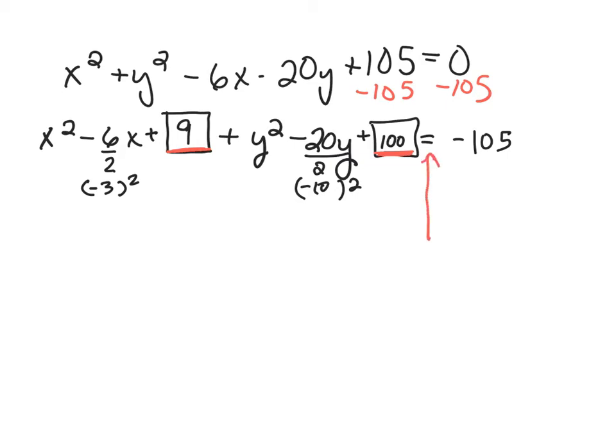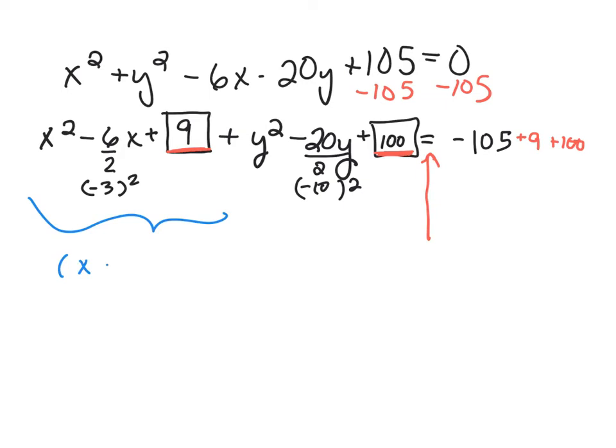What I do to the left side of the equal sign, I have to do to the right side, or everything gets out of balance. I can't just willy-nilly add numbers to an equation because it doesn't obey the laws of algebra. If I add something to one side of the equation, I have to add it to the other side to keep everything balanced.